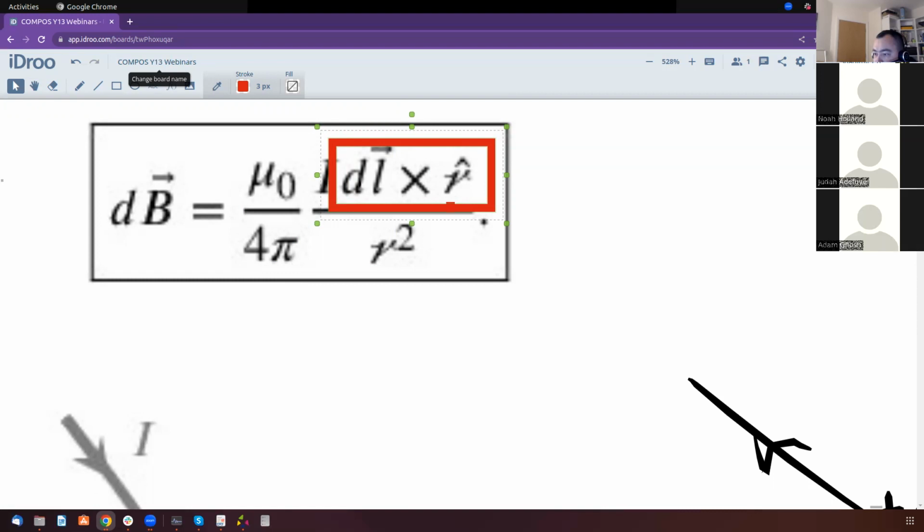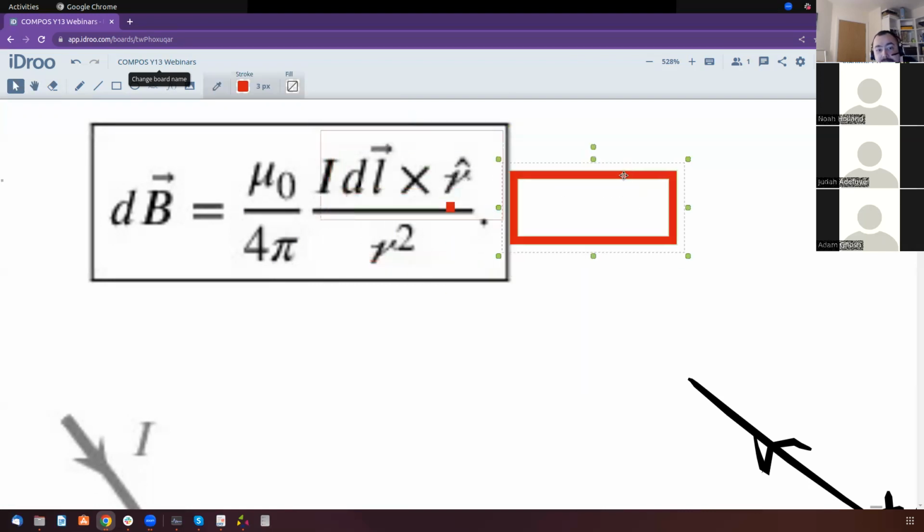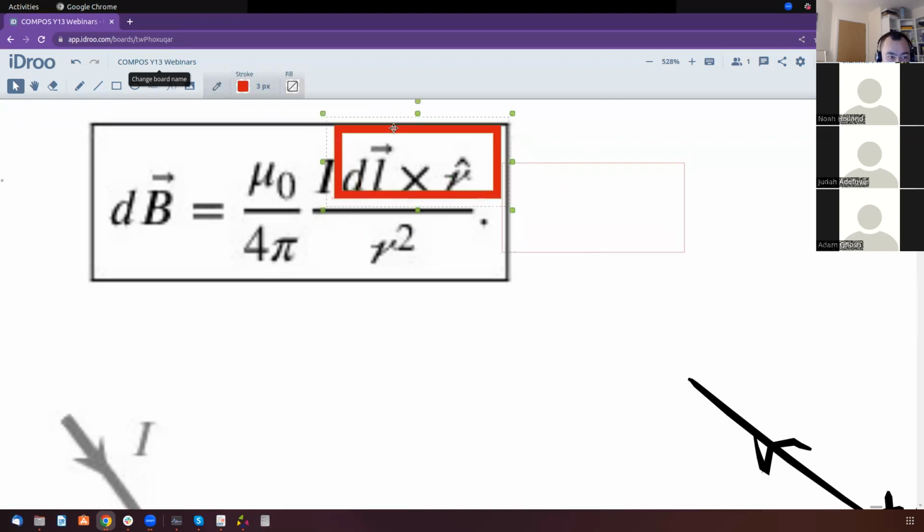No, okay. The cross product is a way of multiplying vectors. It's also known as the vector product.